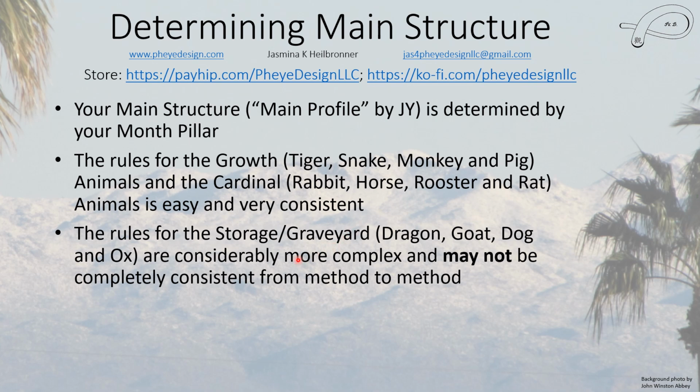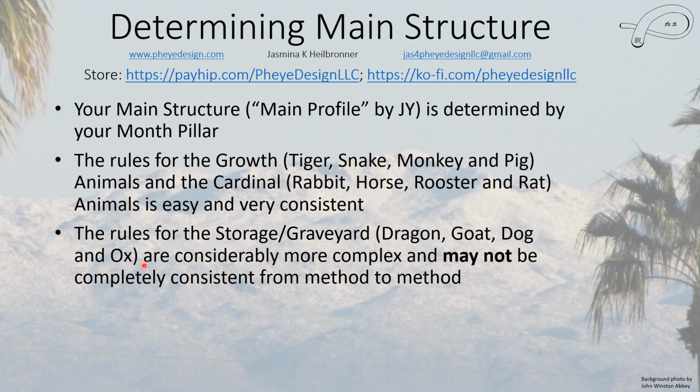However, the rules for the storage or graveyard, some call them tomb, of the dragon, the goat, the dog, and the ox, these are the earth animals. And this is, if you remember correctly, your wealth element will be one, or your wealth animal will be one of these guys.